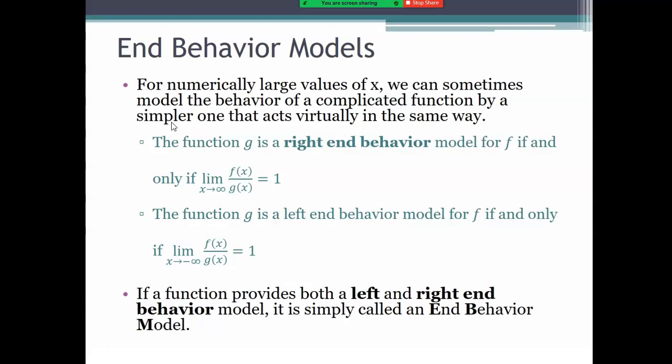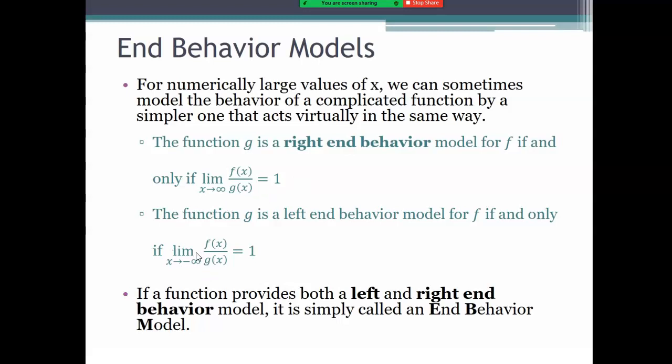So you might see me label this as EBM, end behavior model, just because sometimes I don't want to write it all out. But the end behavior is, what is that graph doing? So we talked a lot about horizontal asymptotes today. An end behavior model is a way of looking at a horizontal asymptote for really, really complicated functions and simplifying it. So we could say that the function g is a right end behavior model for f if and only if, as you go out into the infinities, the limit of f over g equals 1.